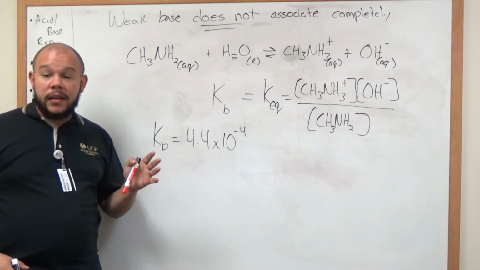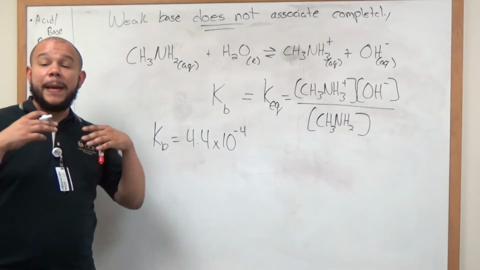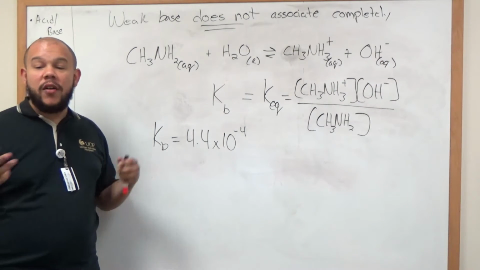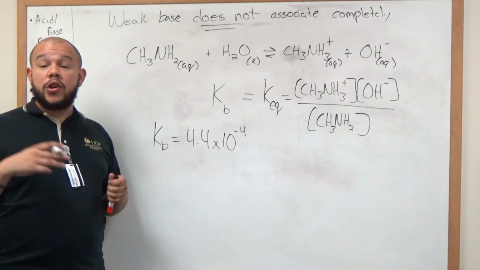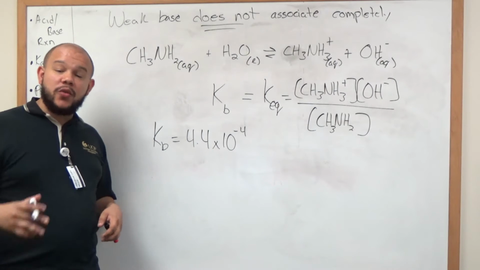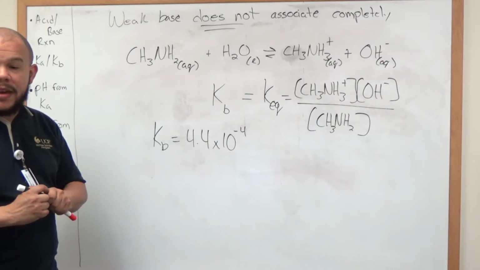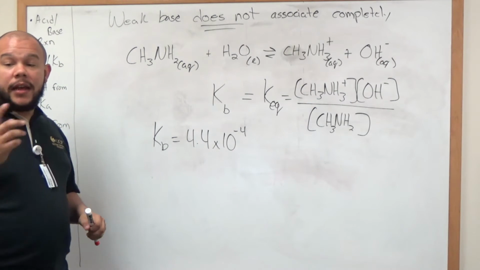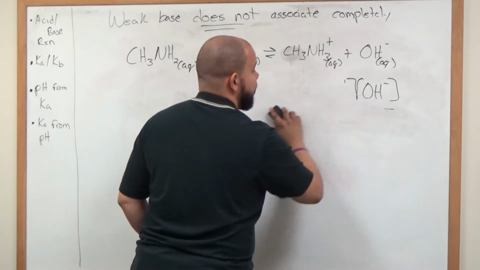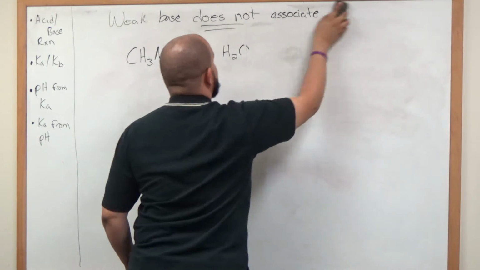And KB is now extremely important to determine the pH of a solution, or the pH can be used to determine the Ka or Kb. So we're going to show how that can be done in both instances. How do we apply this knowledge now, and why do we care?